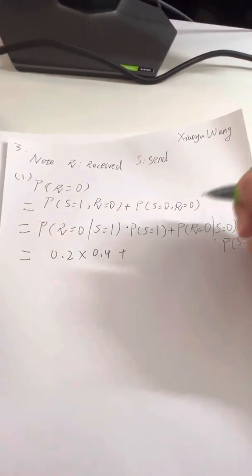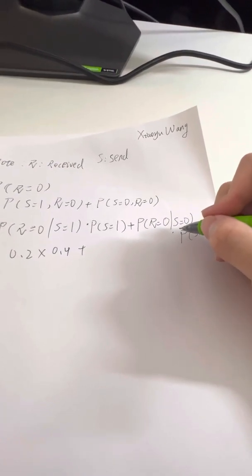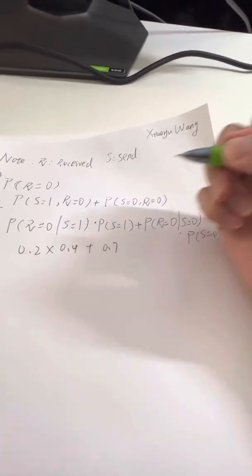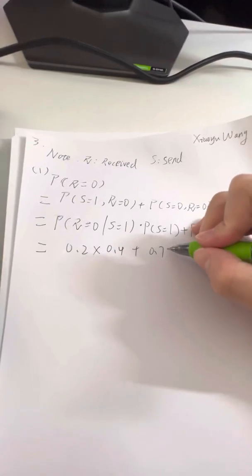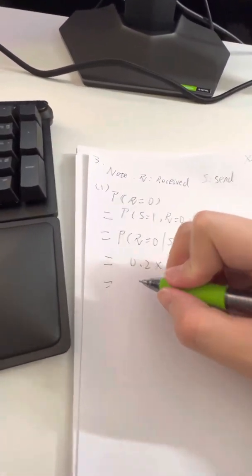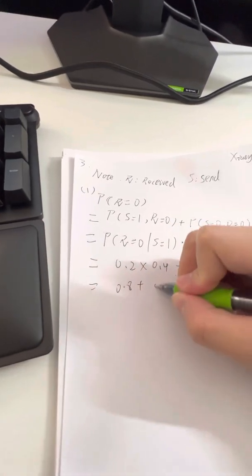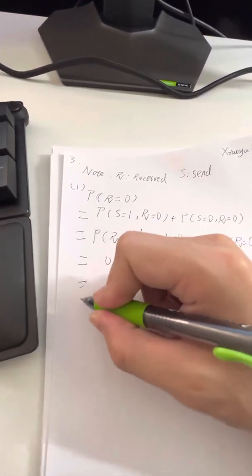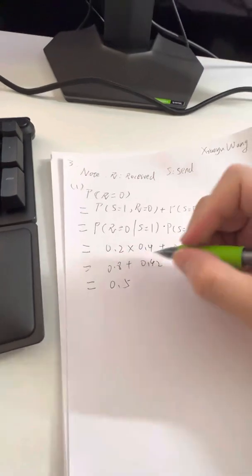Similarly, this one is 0.7, and this one is 0.6. Finally we get 0.08 plus 0.42, and the final answer is 0.5.